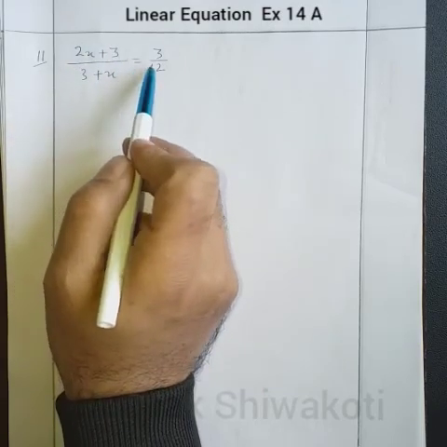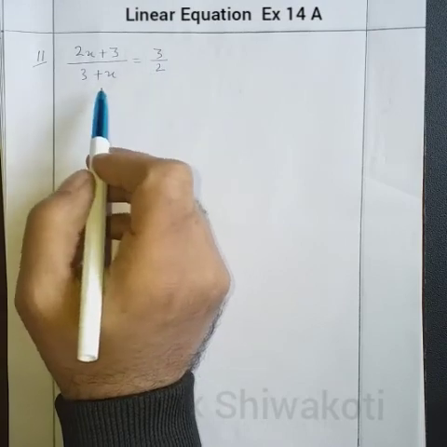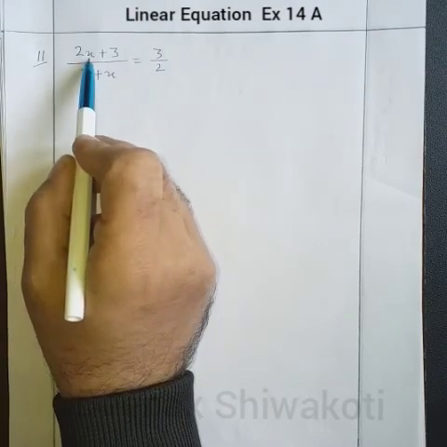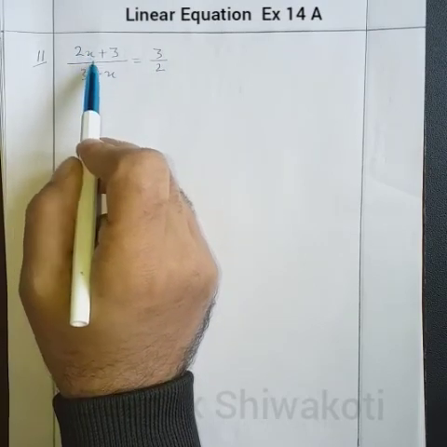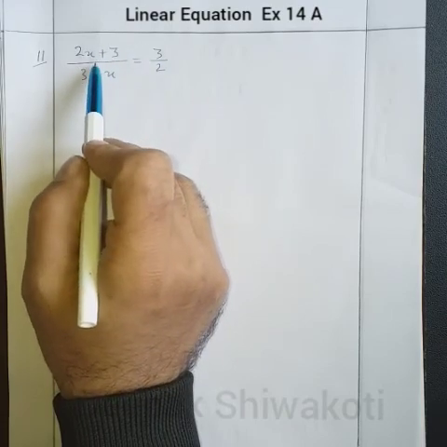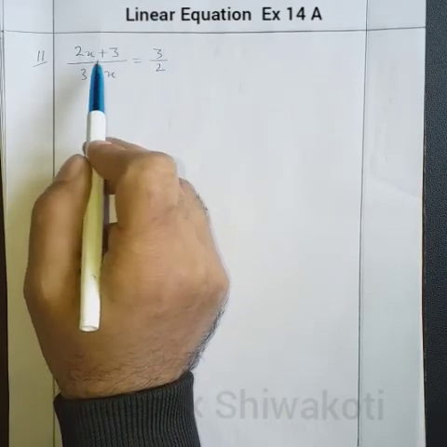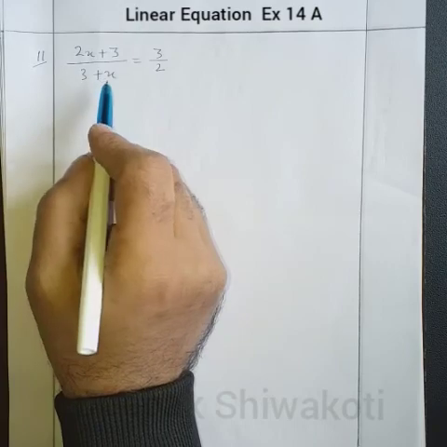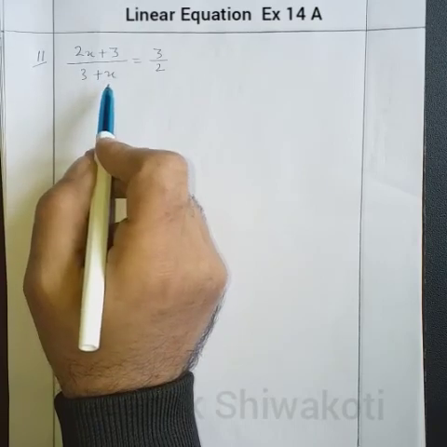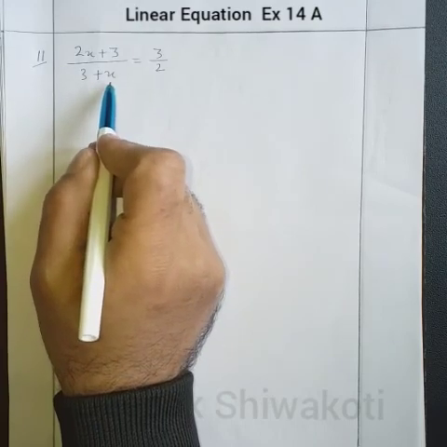Equal to sign 3 by 2, and the variable is x, power is 1. So this is also an example of a linear equation, okay, where we have to solve for x, that is we have to find the value of x.